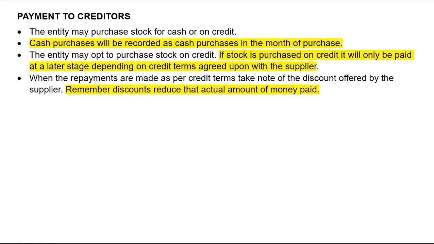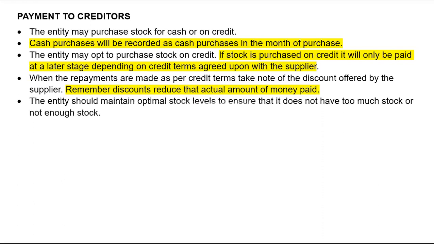The entity should maintain an optimum stock level to ensure that it doesn't have too much stock or not enough stock. So it needs to keep its stock at an optimum level, which is not less and not more than we're supposed to have. This ensures that the customers' demands are met.